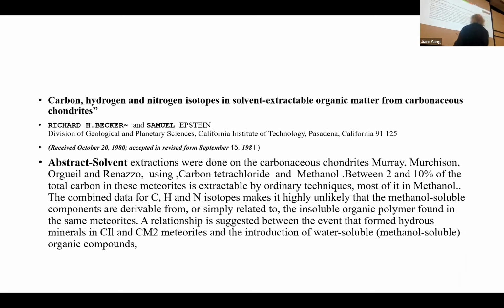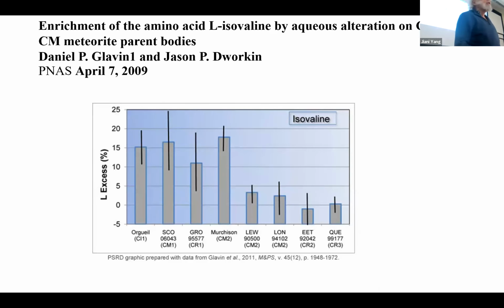A relationship is suggested between the event that formed hydrous mineral in these two meteorites, and the introduction of water-soluble organic compounds. Those were the amino acids dominating. Now, why is that of interest?